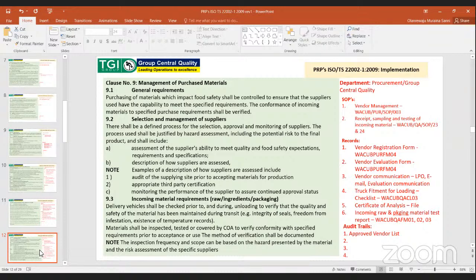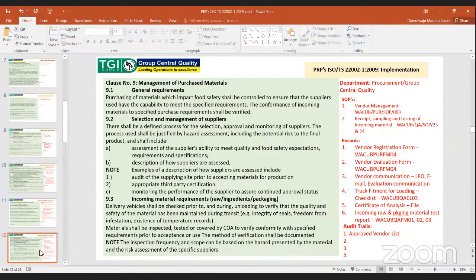So in that process, we have a procedure in place, vendor management, which is WAKIB purchase SOP 003. We have received sampling and testing of incoming material, because when you are supplying material and the supplier is giving a specification, we need to also confirm that whatever the man is supplying us meets our own specification.